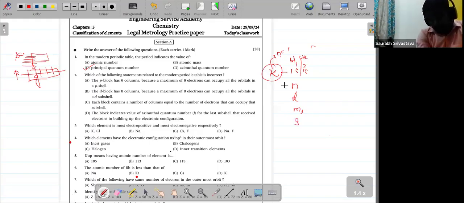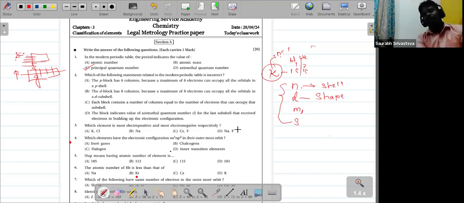How can we identify these quantum numbers and find out the values? This is nothing but shell, and l is nothing but shape of the subshell or orbitals, and ml is the orientation, and s is the spin.